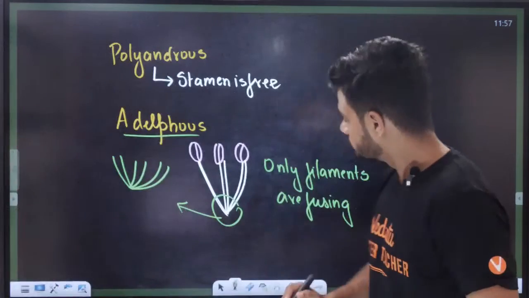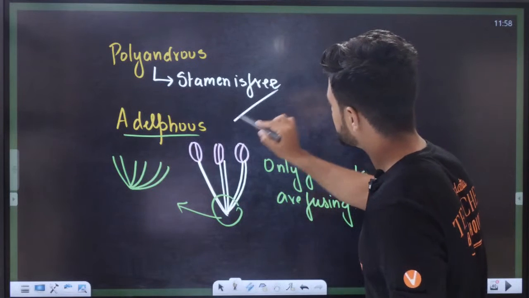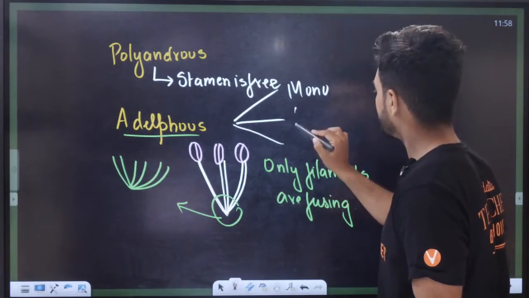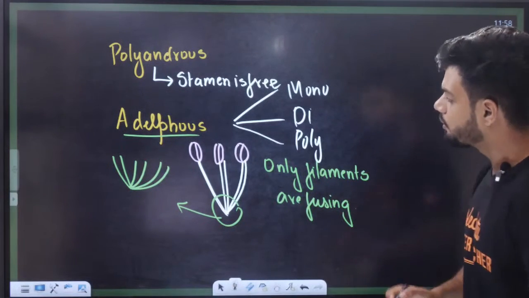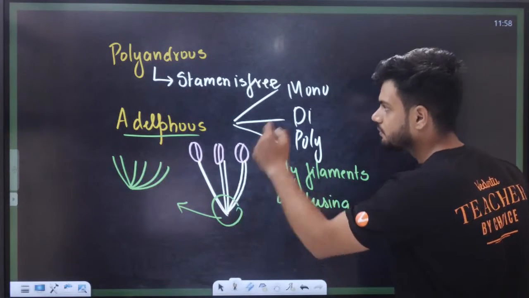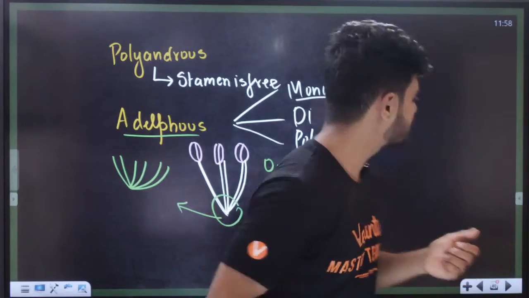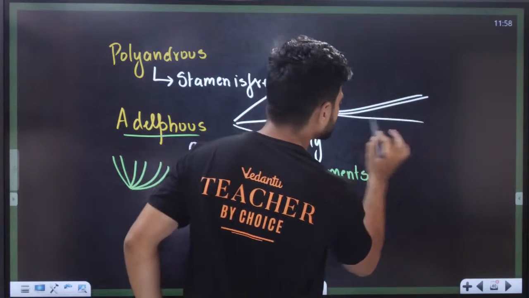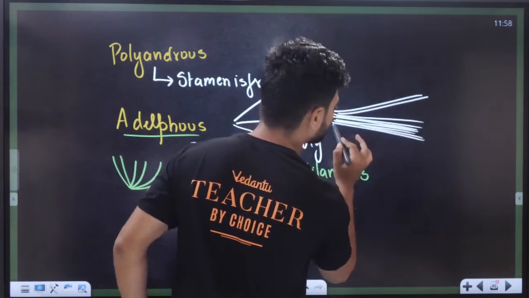Now students, adelphous condition has something called monoadelphous, diadelphous, and polyadelphous. Now what is the difference? If all the filaments are fused into a single bundle, monoadelphous. If the filaments are joined into two bundles, for example, see this: here you have one filament separate and the rest of the filaments are joined in one bundle.